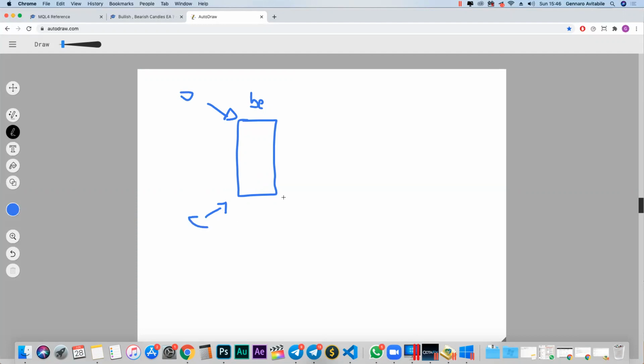Now, if the next candle is going to open here, we already know that this is going to be a bearish candle because the open of candle number 2 compared to candle number 1 is going to be lower.